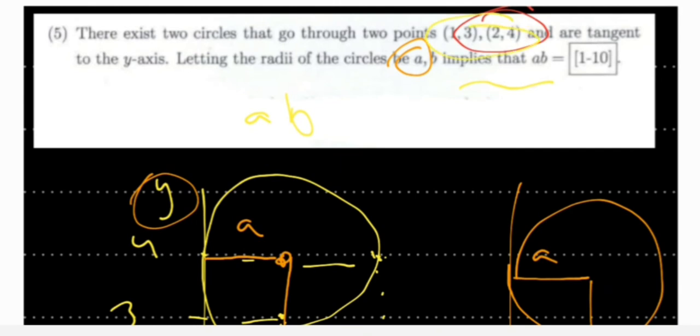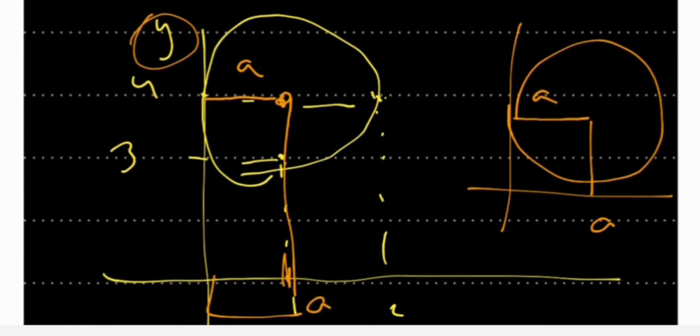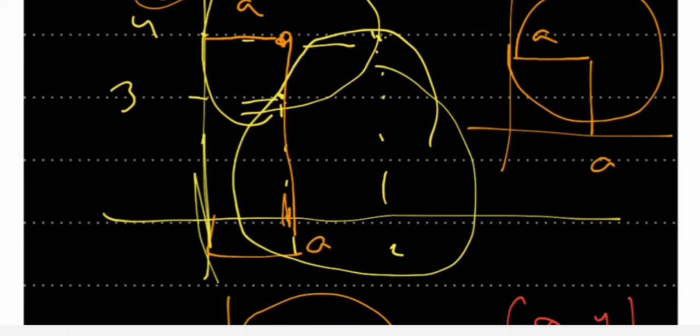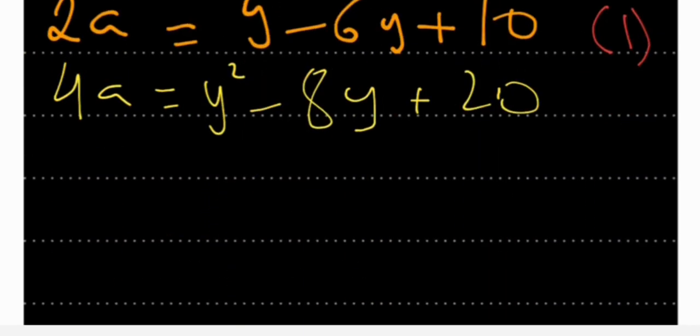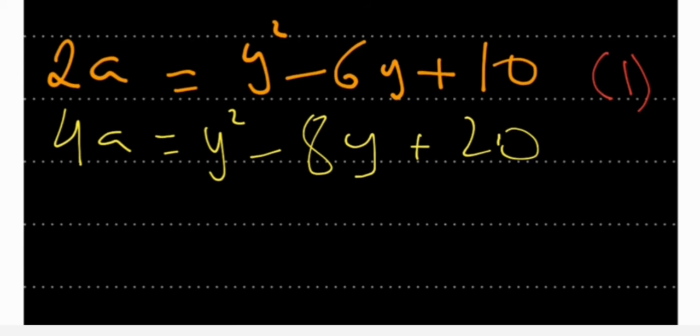Because the 2 points over here both belong to both circles, okay? So the second circle is something like this. It goes to this point, and it also respects this condition over here, okay? So let's just solve this, and then we are going back to this example.